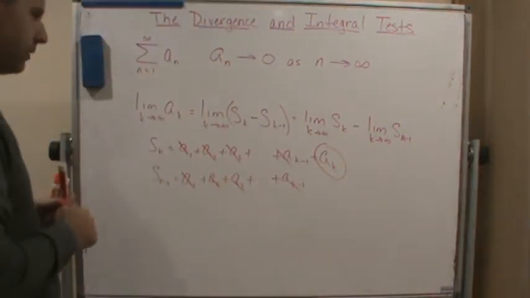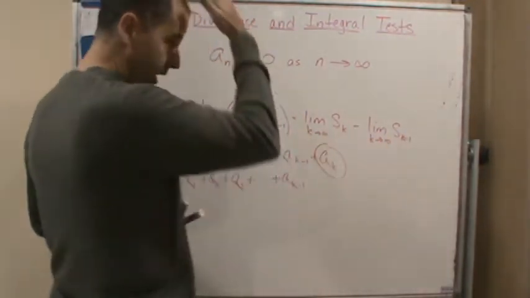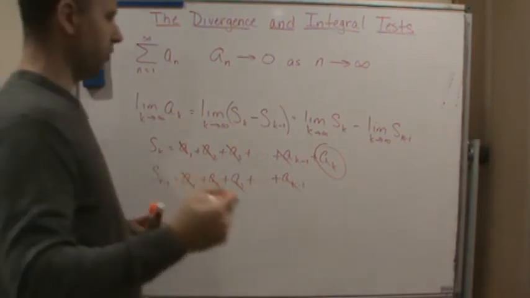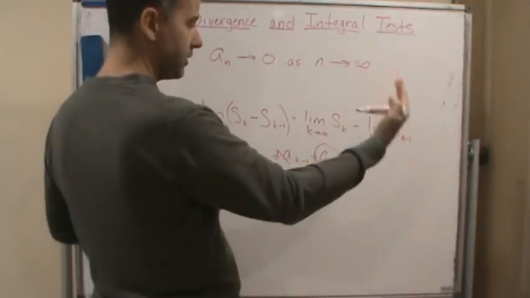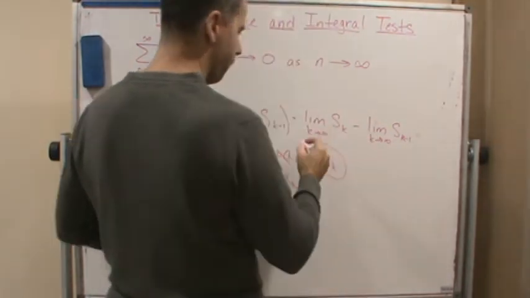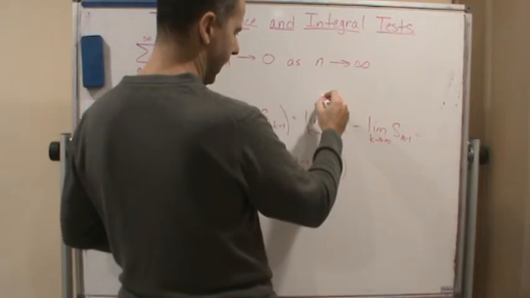Now, what do we know about sequences? Well, if they converge, then it doesn't matter where they start. The limit of the partial sum will always go to the same value. So in this case, this is going to go to the same sum. Let's say this is going to go to the limit, which is, let's say, s.